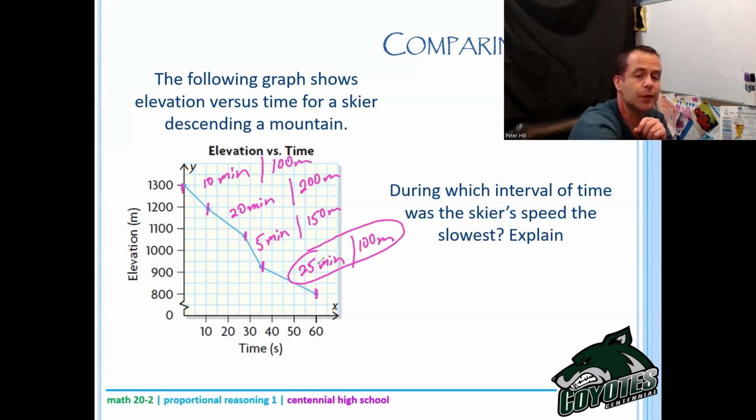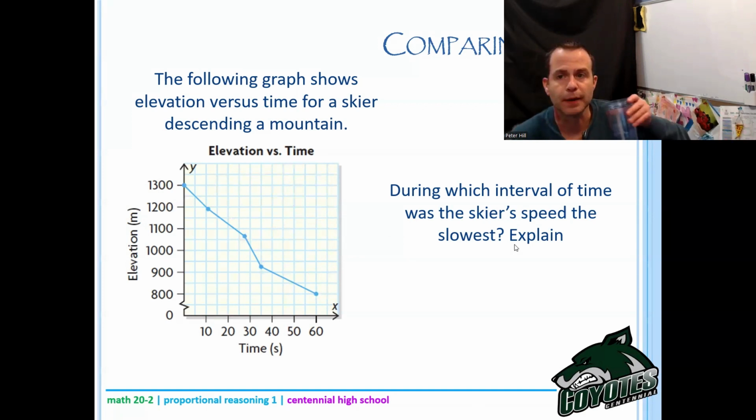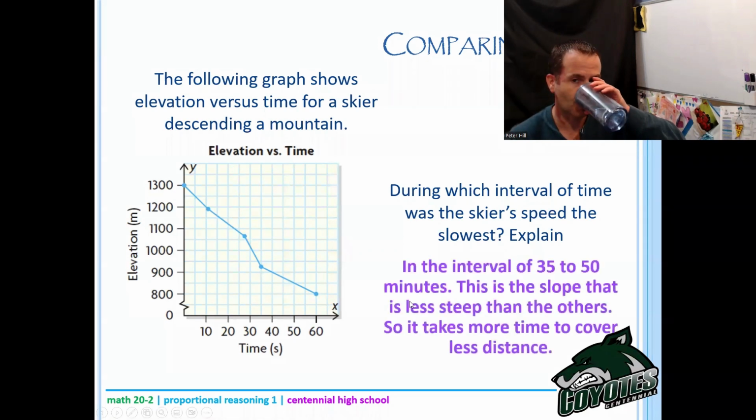So my slope there is not as steep as the other ones, and that tells me that that's going to be going slower, okay? So my answer is in the interval of 35 to 50 minutes, this is the slope that is less steep than the others. So it takes more time to cover less distance, okay?